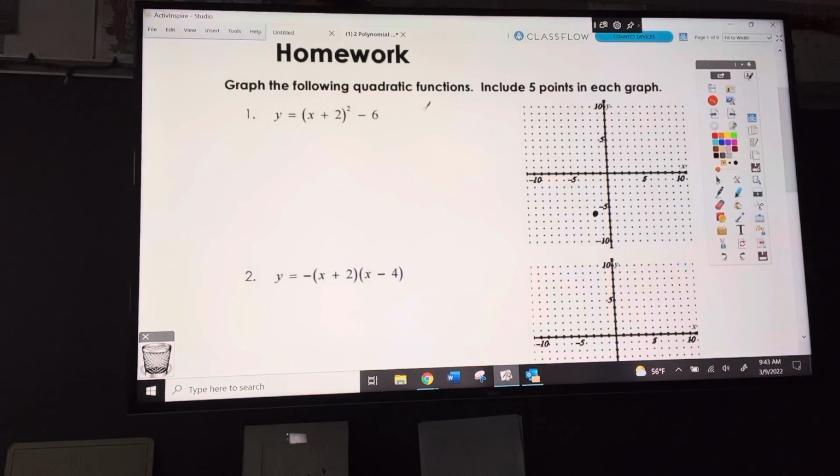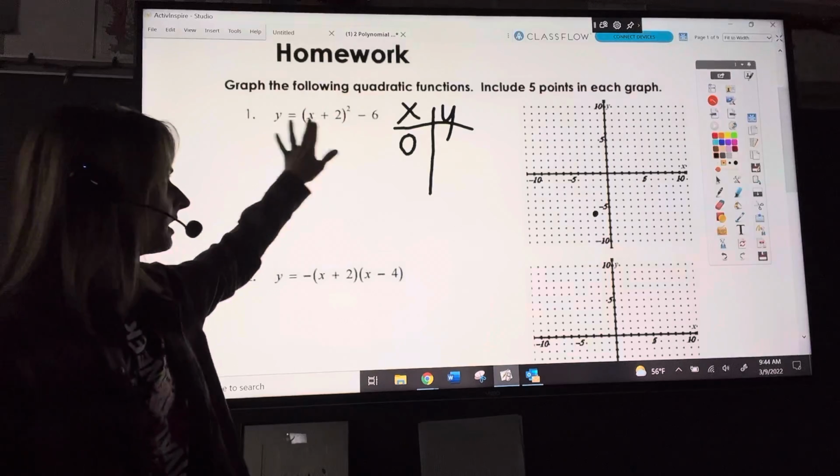And you don't have to write this out, but this is essentially what we're doing. So if I put in, what's a nice number that I could put in? Let's do 0. Because 0 plus 2 is 2, and then squared is 4, and then -6.